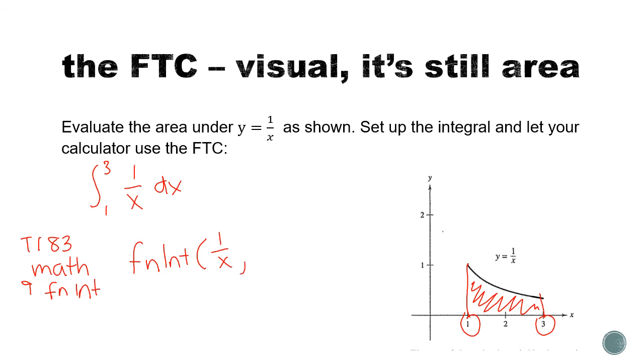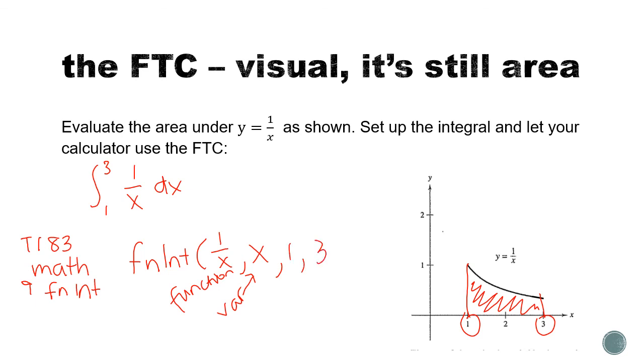For computer programs, they like to have the variable defined, so then you have to put x. So it's the function, then it's the variable, then it's the interval from 1 to 3, and that's all there is to it.